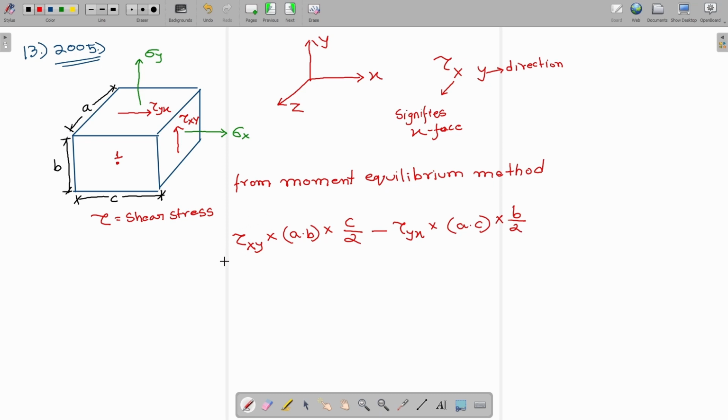This is the stress component. This is the area, and this is the moment arm. Similarly, this is the stress component, this is the area, this is the moment arm.